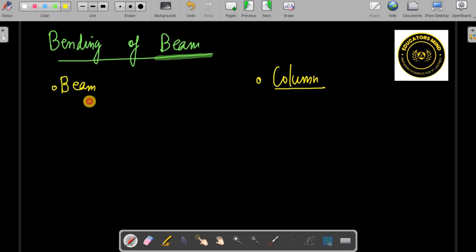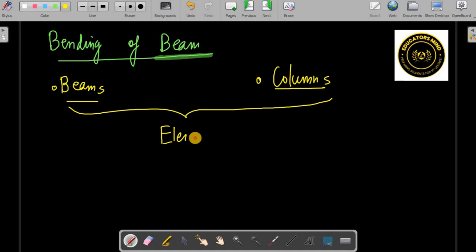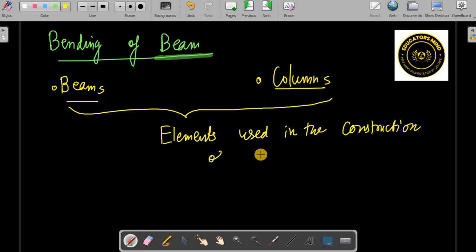Beams and columns are part of constructional elements. They are elements used in the construction of building structures.